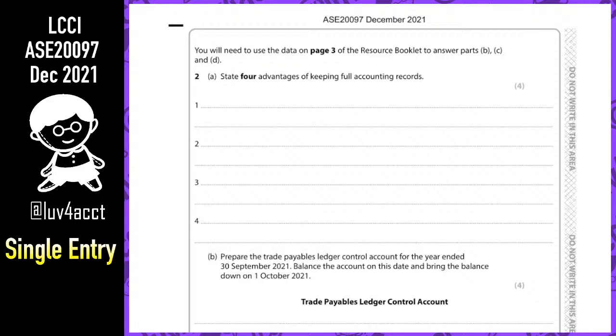So what are the advantages? For me, the first thing is, I have a trial balance. This is one of the most important parts of the double entry system.